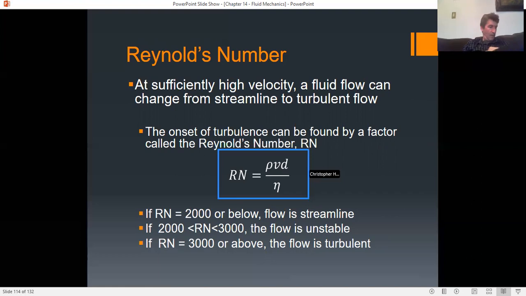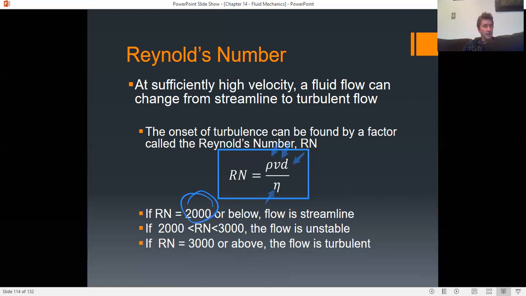There we go. It's related to the density of the fluid, the velocity of the fluid, the diameter of the obstruction, and the viscosity. So a Reynolds number of 2,000 or below, generally we see streamline behavior, okay?